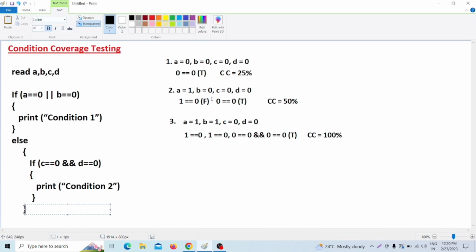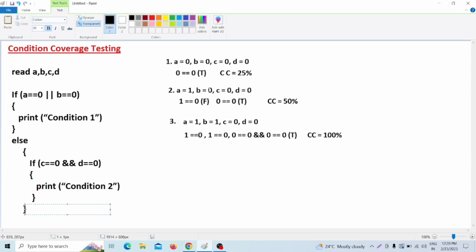Okay. Now I am taking another example, where we are taking the values A equals 1, B equals 0, C equals 0, and D equals 0. So here 1 equals 0, that means we are getting false. If we are getting false, then we have to go to the next condition, where B equals 0. What is the B value?